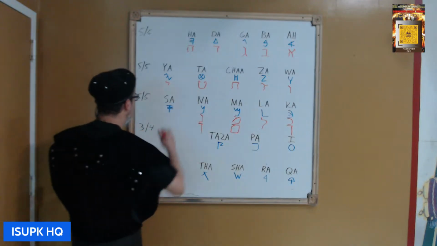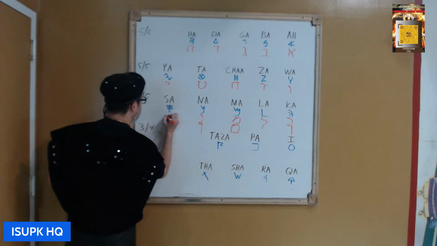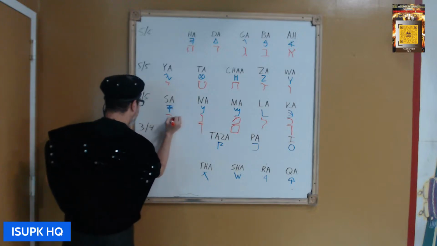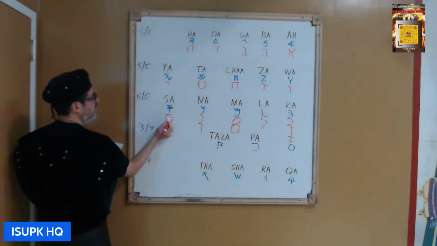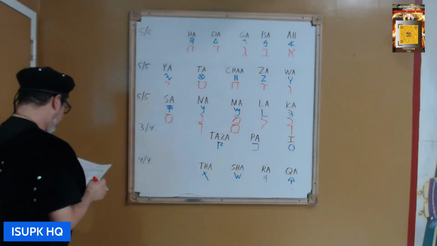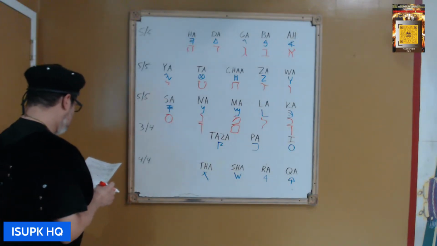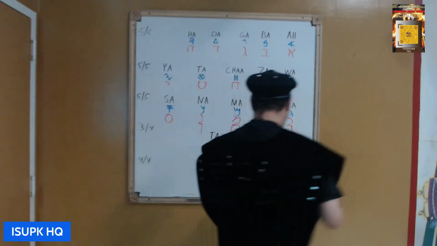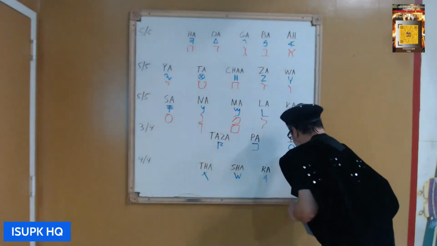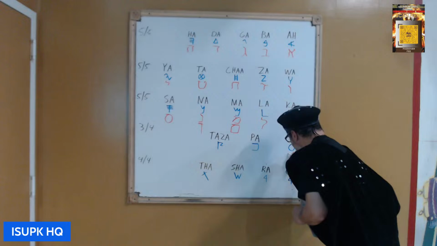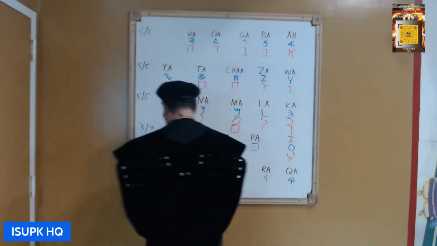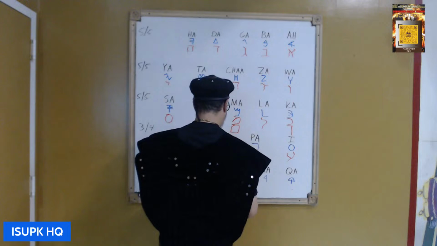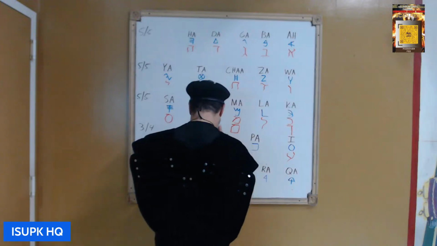We have the sa, almost looks like a circle. It's got a lip at the end. So it's got a little lip on the end. And you have the I, which is almost like a Y. And you have the pa, which has two characters as well.